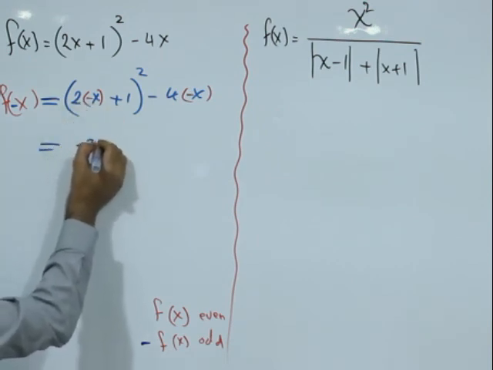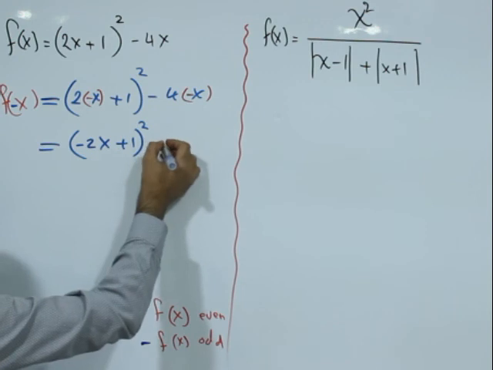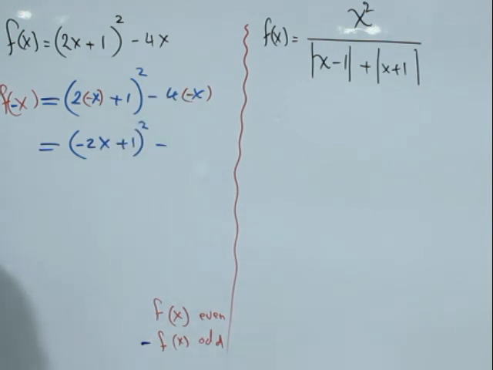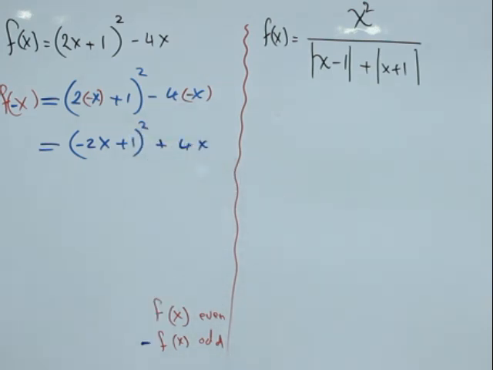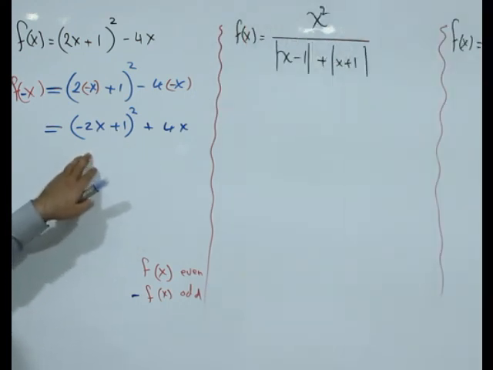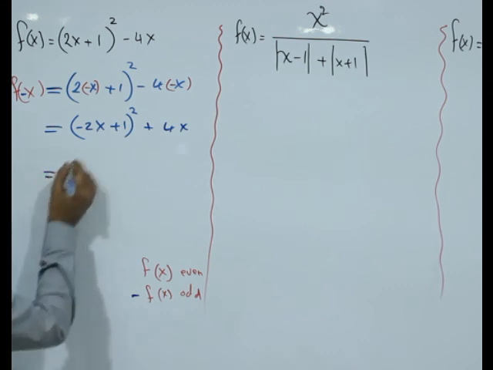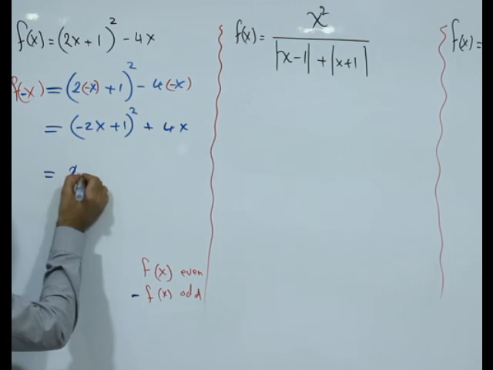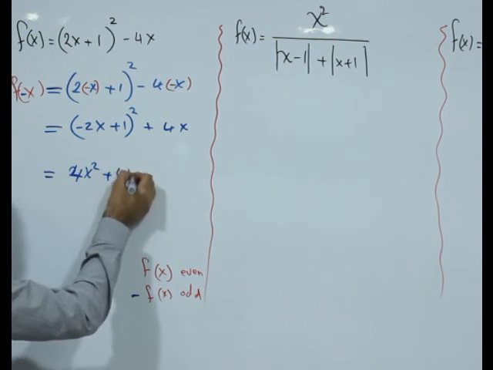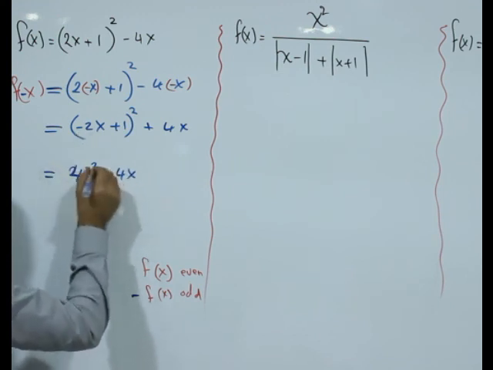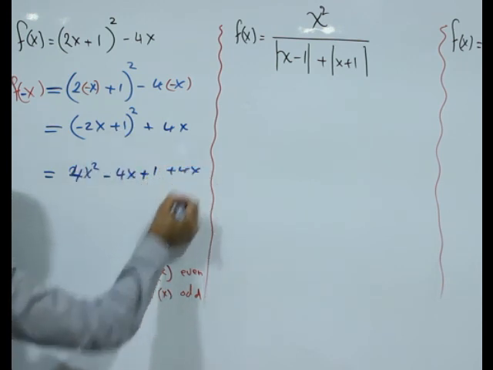This becomes (minus 2x plus 1) to the power of 2, minus of minus x, it becomes plus 4x. And now, if we open the bracket, it becomes what? Equals 4x squared, and 4x with a negative, so it becomes negative 4x, and plus 1, and plus 4x.